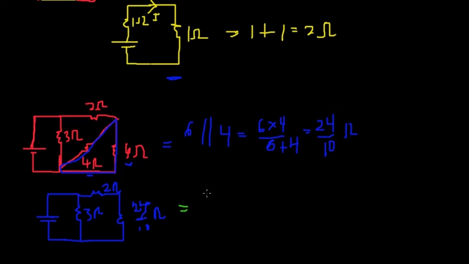So we have 2 plus 24 on 10. 2 plus 24 on 10 will give us, let's see, 44 on 10, so we have 22 on 5.